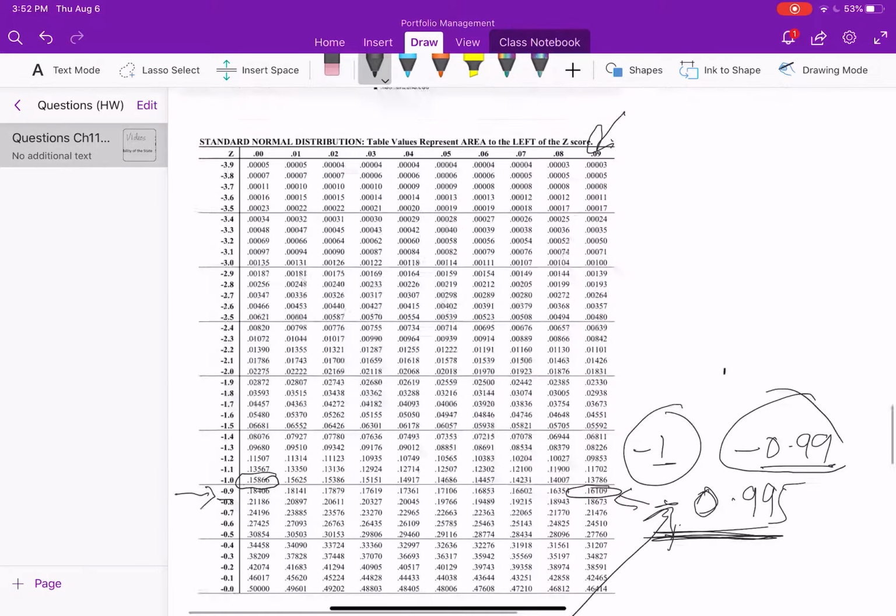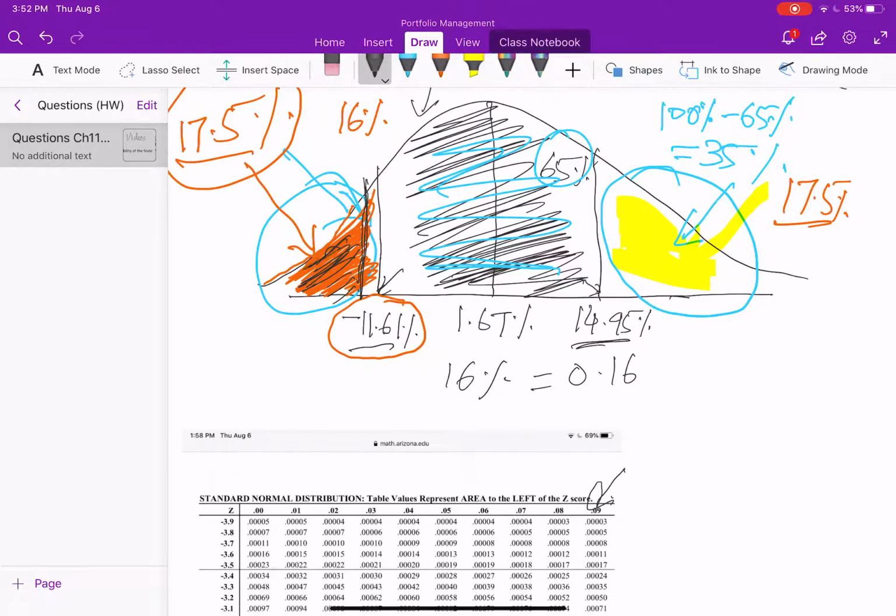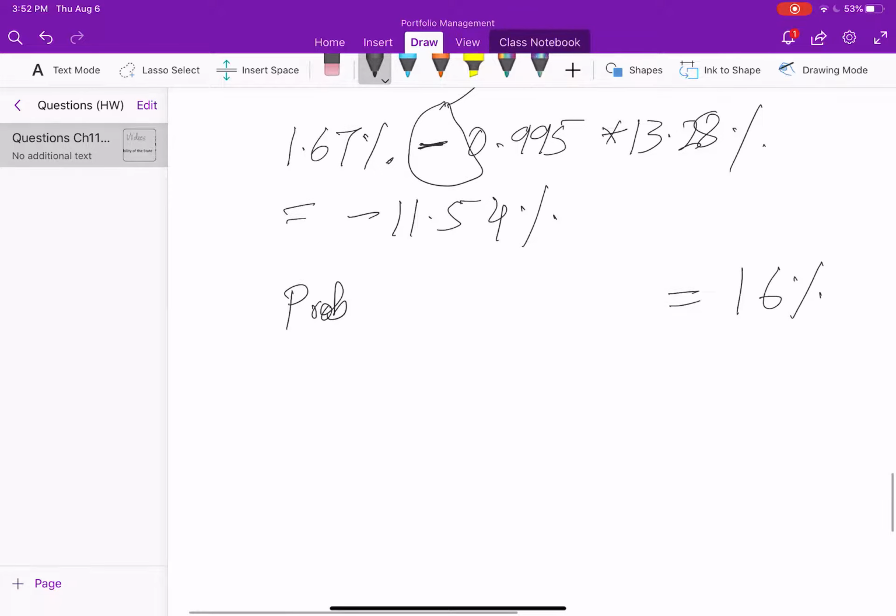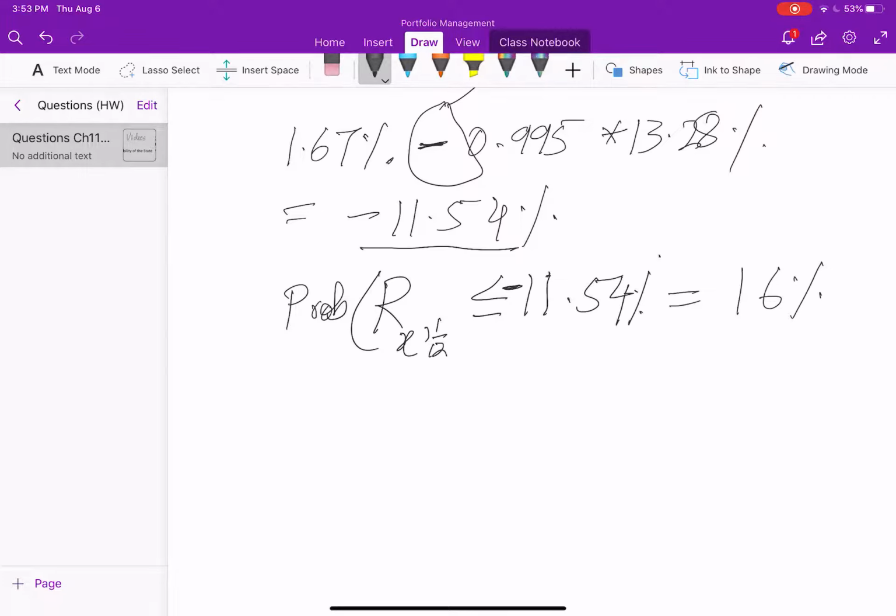When the area under the curve is 16%, the minimum loss which we will experience, somewhere over here, will be 11.54%, and we will write it like this: the return on stock X, where X is representing the stock of Woodpecker Incorporation in the upcoming month, when the T is 1/12, is at least equal to or less than minus 11.54%.